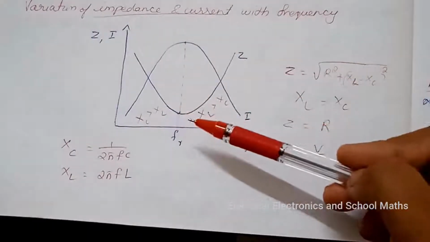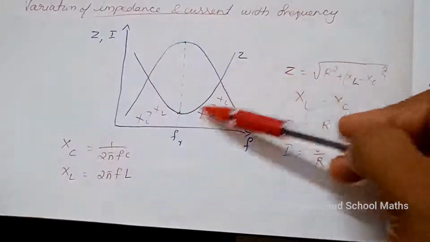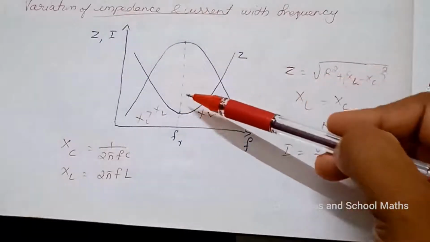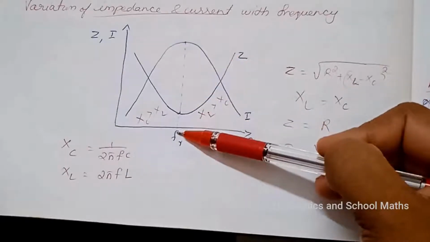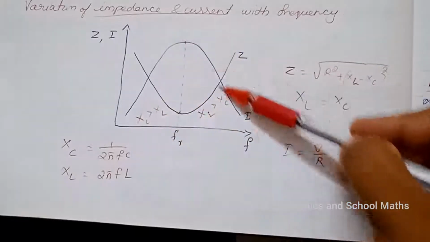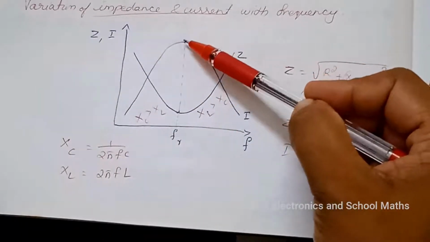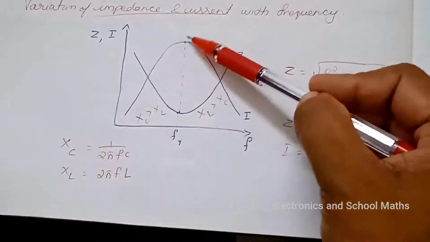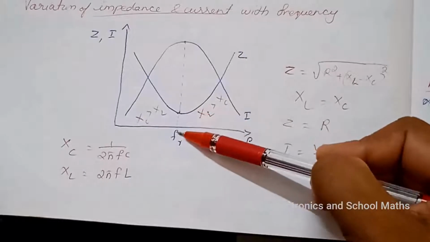In either case, the impedance will be higher than that at resonance. Accordingly, the current will be maximum at the resonant frequency and is less at frequencies higher and lower than the resonant frequency.